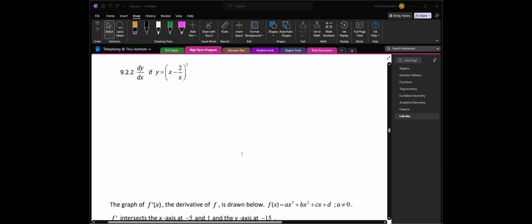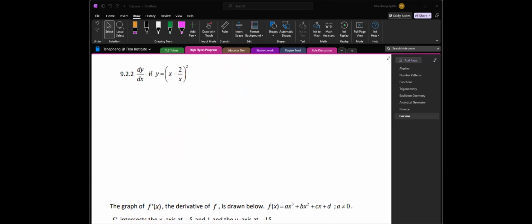All right. I want to look at 9.2.2, that question there. They want us to find dy over dx if y is equal to (x minus 2 over x) all squared. All right. I want to show you how you tackle this kind of a question. So when you have this kind of a question, please do not bring the 2 in.